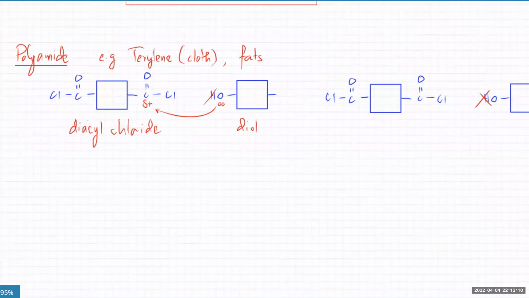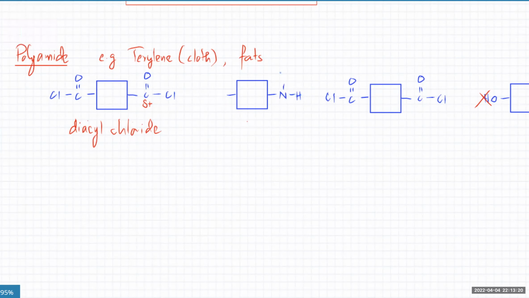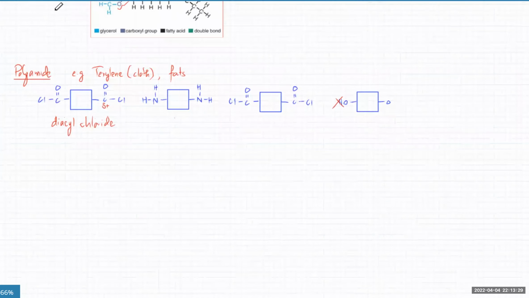So instead, this one over here is going to be a diamine. It's going to have NH2 groups on both sides. So your two monomers are different.